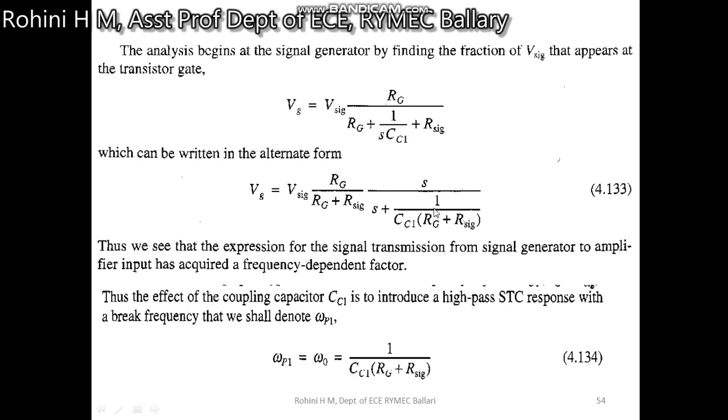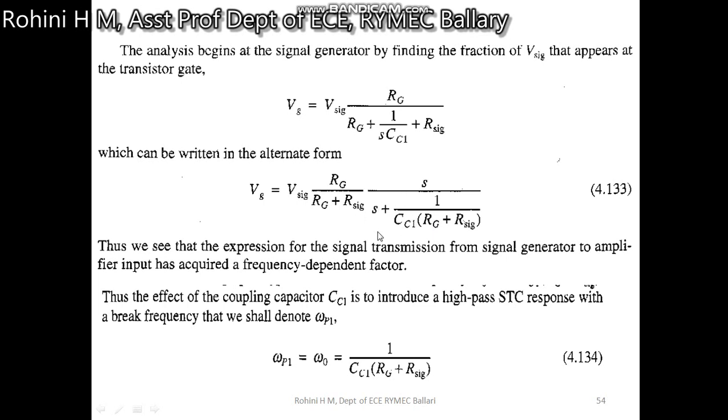Thus we can see that the expression of the signal transmission from the signal generator to the amplifier input has acquired a frequency dependent factor.